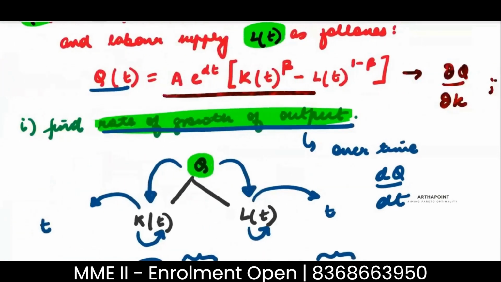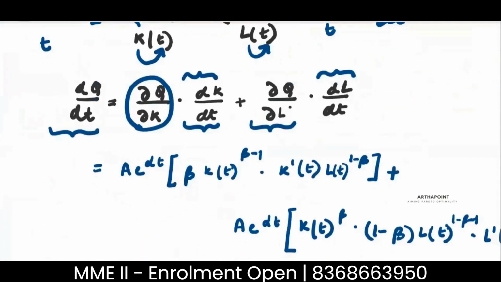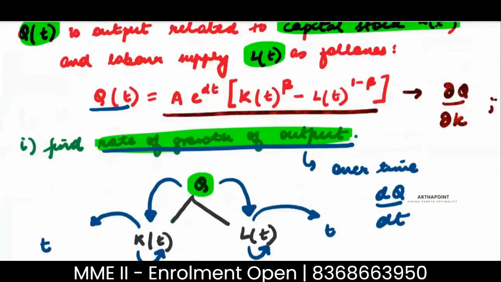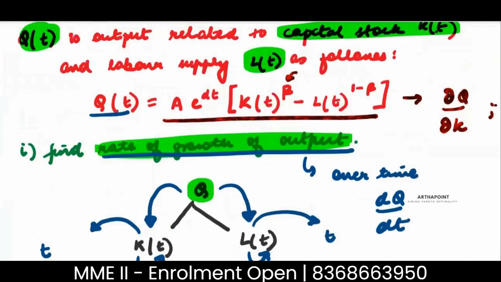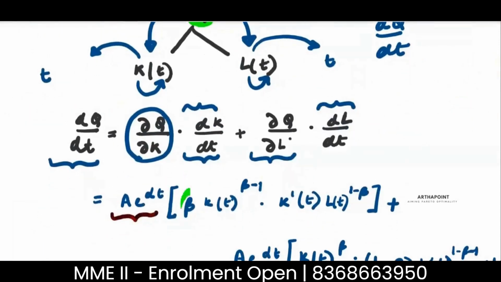Differentiate this function with respect to K. So A e to the power alpha T, this is a constant. And when I differentiate this with respect to K, the power of K will come down. This is actually multiplication in the question, sorry. The power of K will come down. So beta will come down and its power will reduce by 1. So this is its differentiation with respect to K.